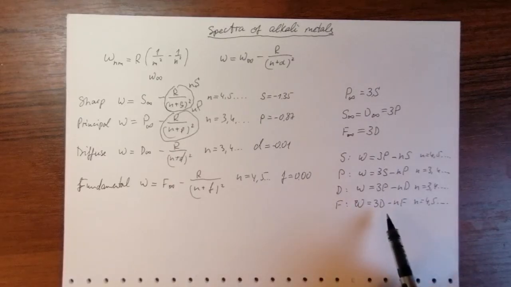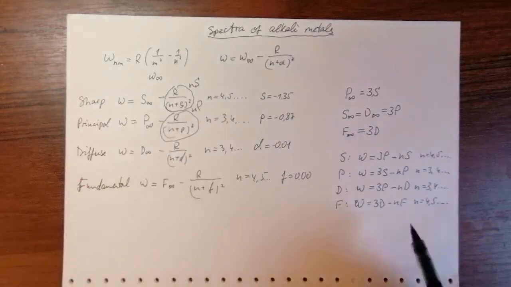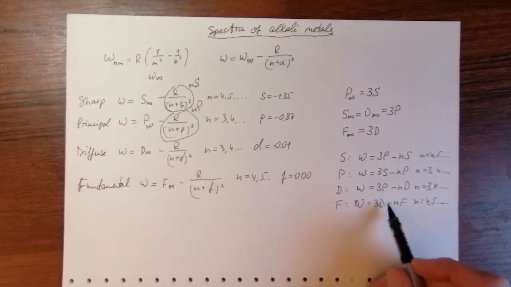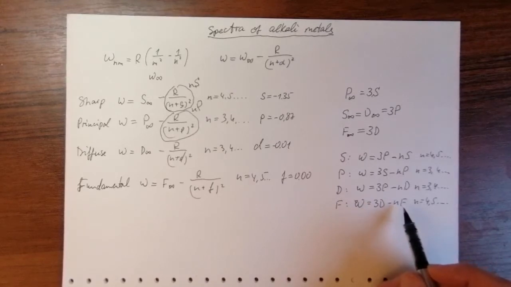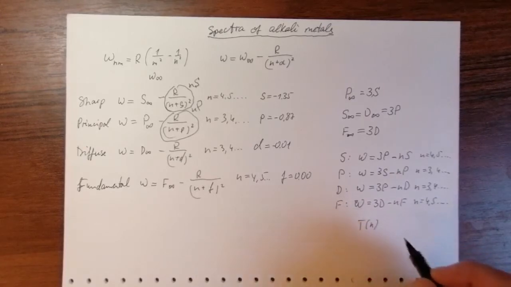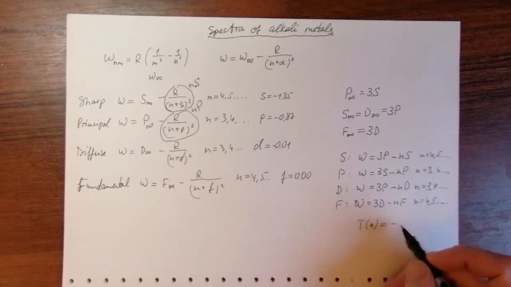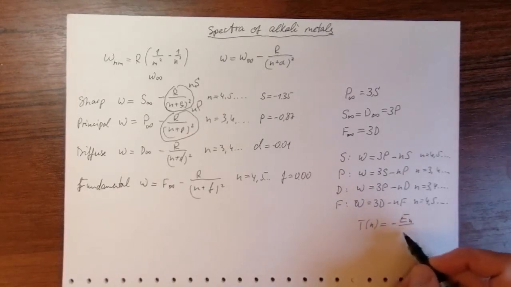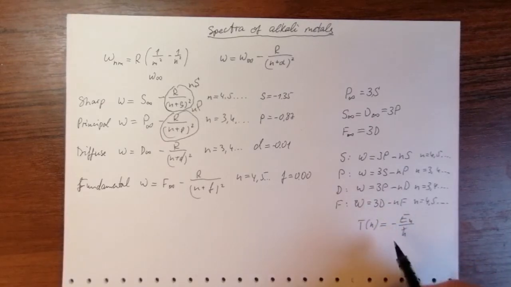This resembles the formulas in the case of hydrogen for differences of different terms. So these are optical terms. You remember that the term T, with accuracy of sign, is proportional to the energy of the transfer of the electron.